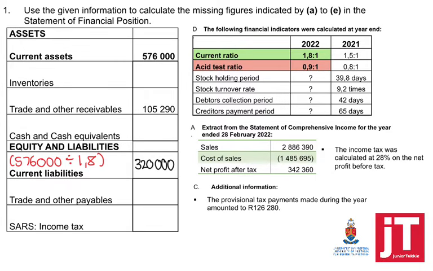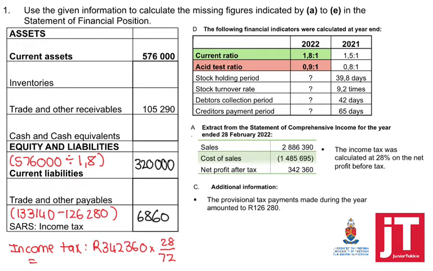To calculate SARS income tax, we need to look at the income tax was calculated at 28% on the net profit before tax. So they've provided us with the net profit after tax. And if I look at additional information, the provisional tax payment made during the year amounted to 126,280.